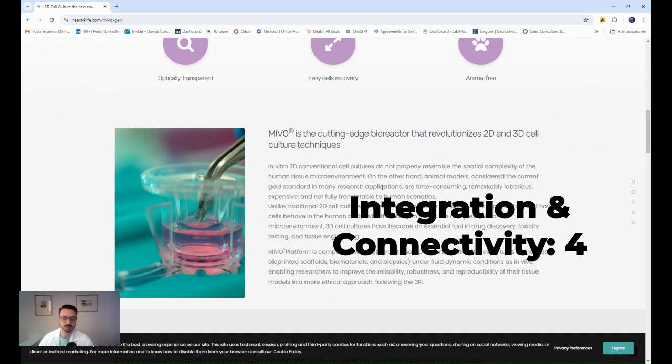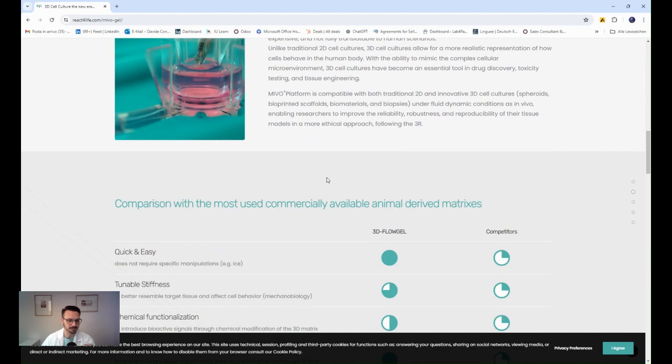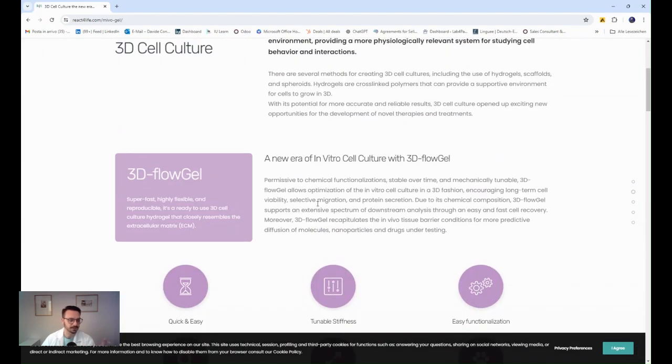In terms of measurement and monitoring, there's not too much monitoring integrated in the device, but it is possible to connect the device with other measuring devices, basically by rewiring the tubings.